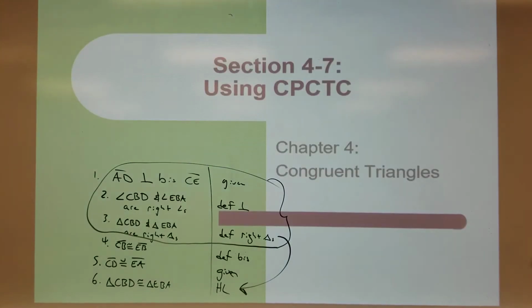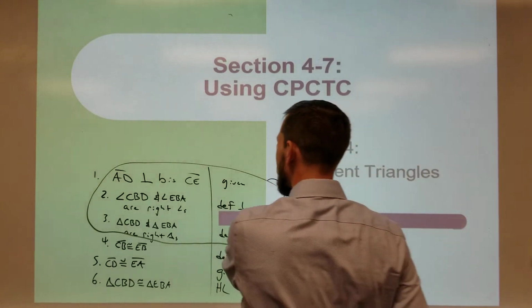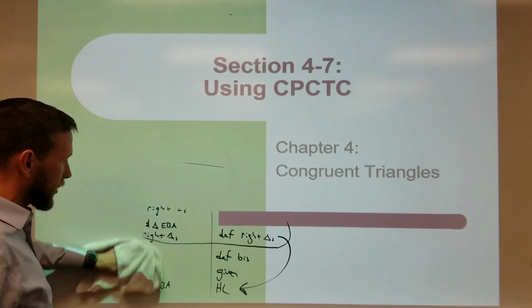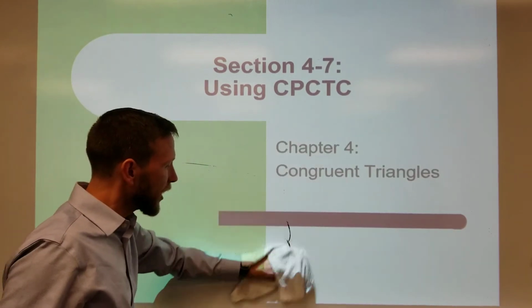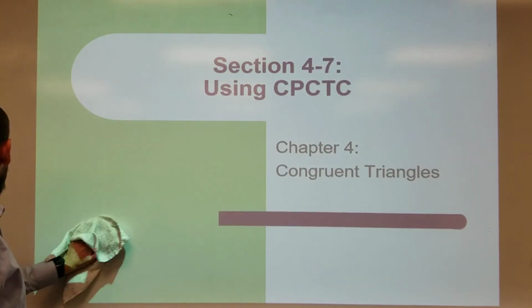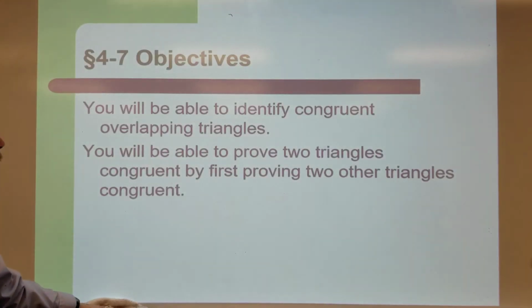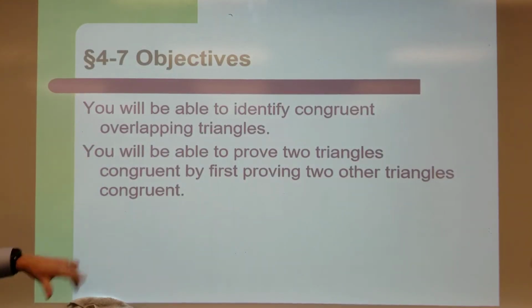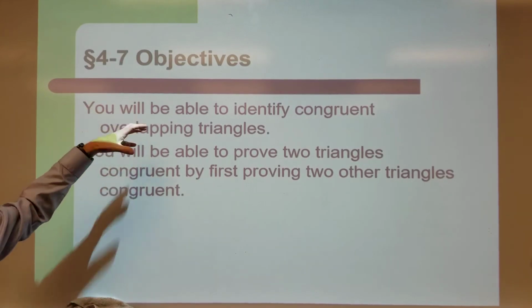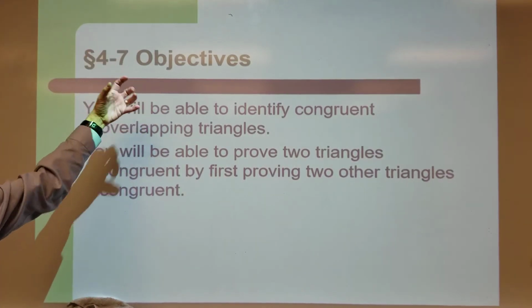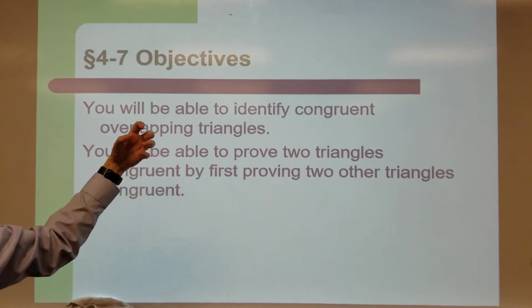Moving on to lesson 7, we are talking about other applications of CPCTC, or that definition of congruent triangles. Essentially, we're dealing with these overlapping triangles that have a reflexive part congruent. So our job is to identify congruent overlapping triangles, but then use that information to prove that other triangles are congruent.